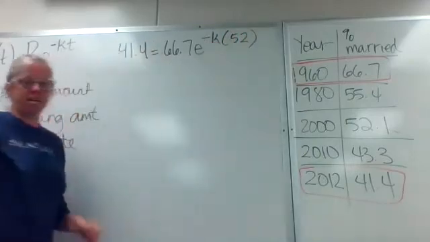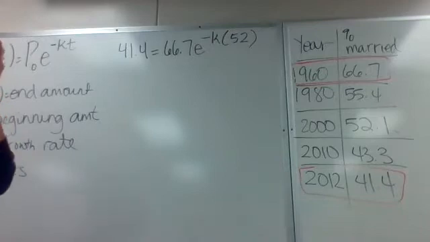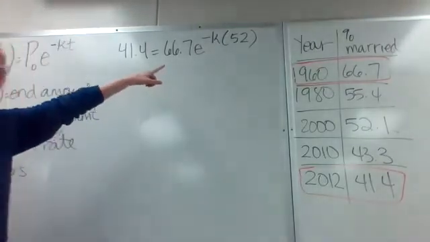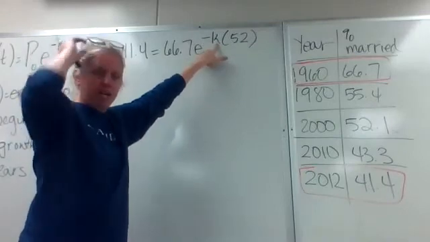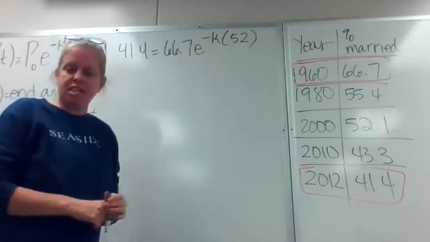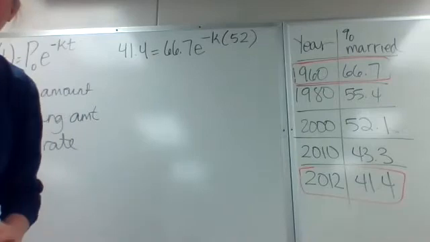So the K is what I am looking for. So let's see, I'm eventually going to have to ln both sides since what I'm looking for is in the exponent. But let's first get rid of this 66.7.